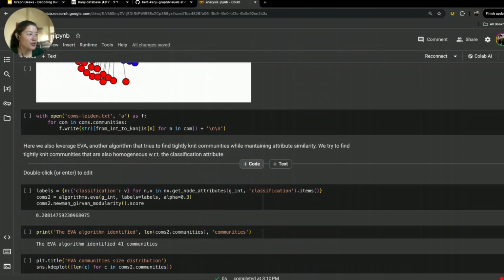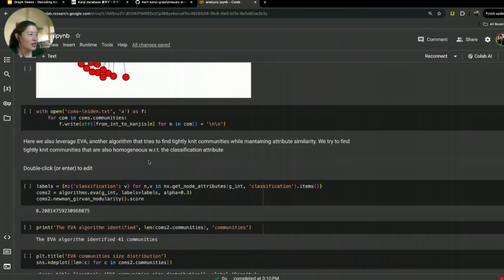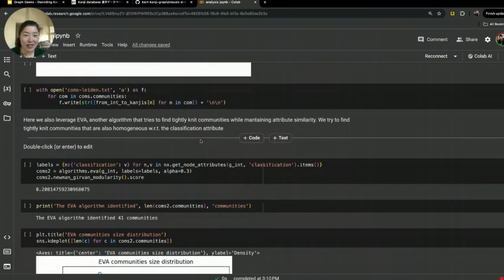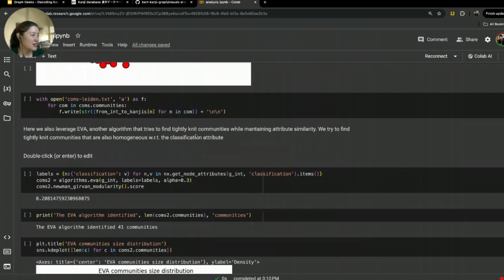We also want to understand the homogeneity between these communities. Are they sharing 5 attributes together, or 20? Those are the things I'm looking for here.